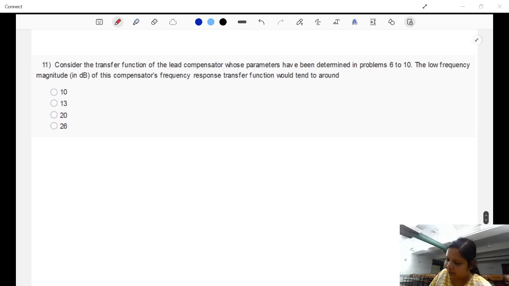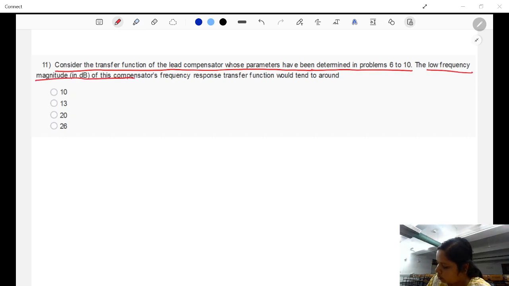Now, in question number 11, consider the transfer function of the lead compensator whose parameters have been determined in problem 6 to 10, last questions. The low frequency magnitude in dB of the compensator's frequency response transfer function would be around what? This is a very simple question. You just have to do everything at low frequency as we did in the last question as well, where we just had Kc alpha.